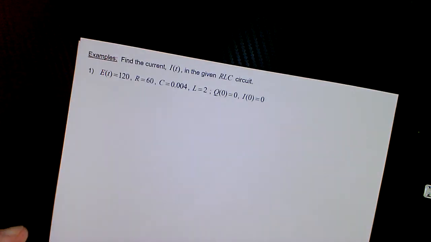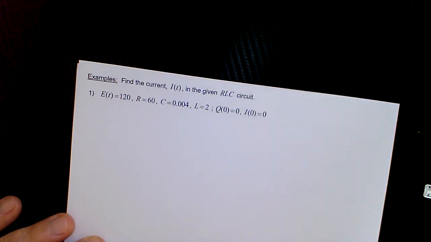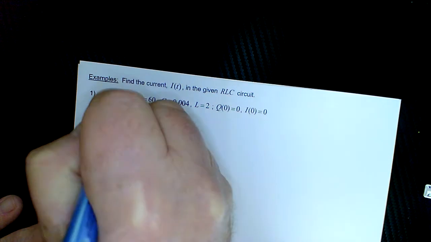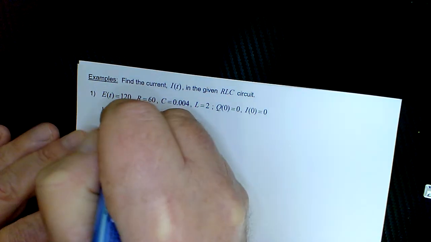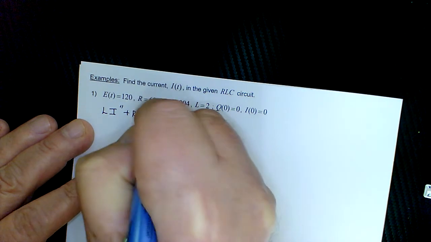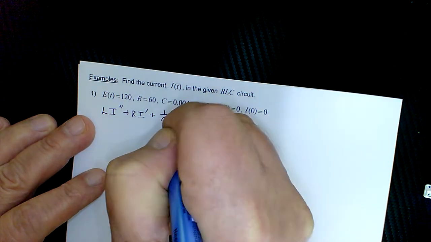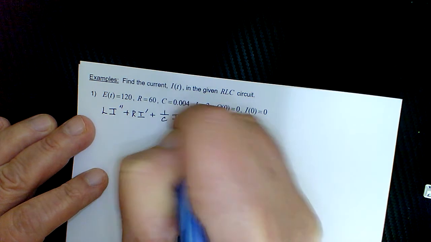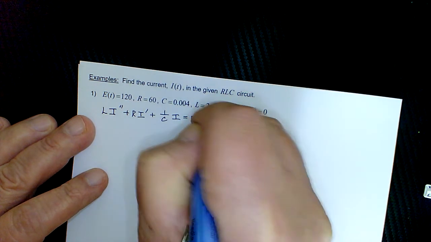And so the first one, find the current, and that's all we want to do. So we're going to start with, once again, L I double prime plus R I prime plus 1 over C times I equaling E prime of t.